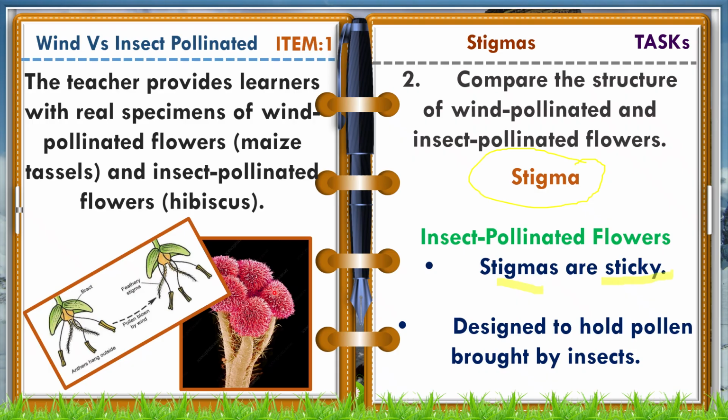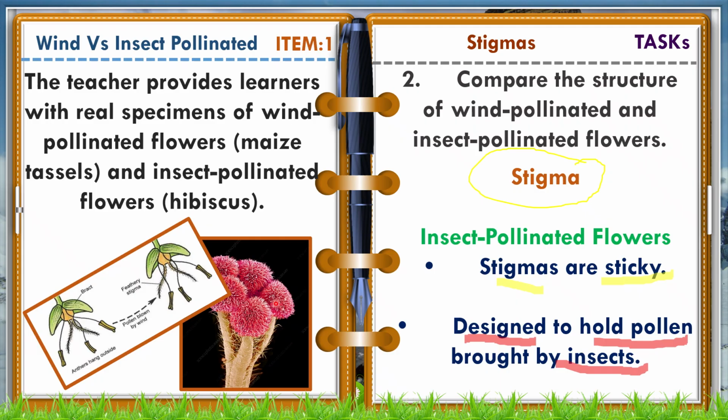These are stigmas of the hibiscus flower. You can see the structure, how they look like, they appear to be sticky. And they are designed to hold the pollen brought by insect.